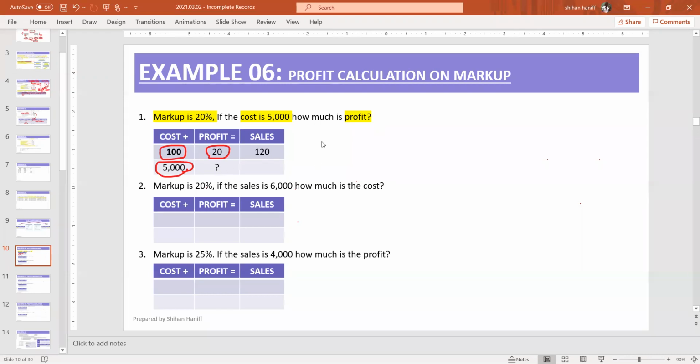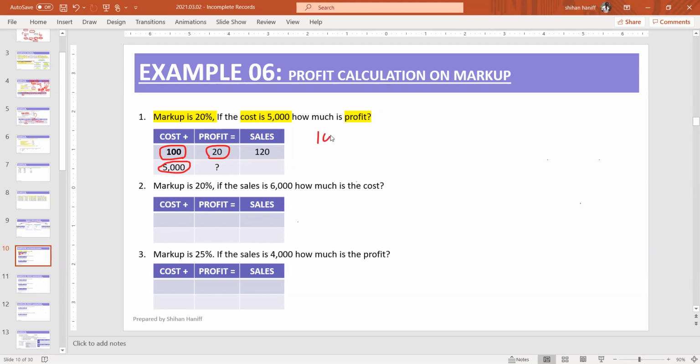So what to do is 20 over 100 into 5,000.